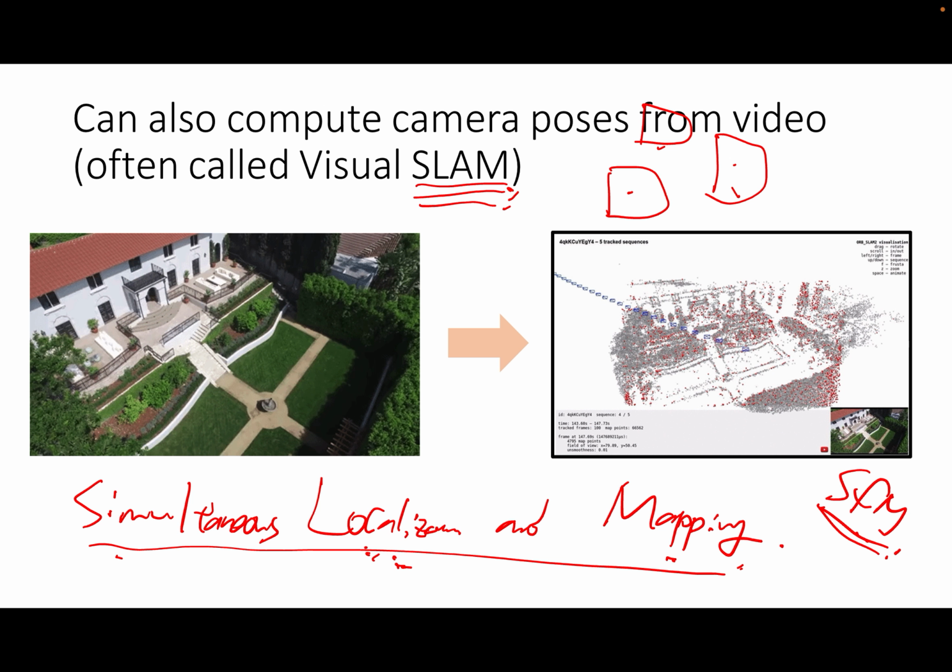That is the difference. SLAM assumes an online setting. SfM often assumes an offline setting, assuming we have the entire set of images, and the algorithm starts with all of them. But SLAM assumes an online streaming case, where images keep streaming in from the real world. But basically, these two are very similar, SLAM and SfM.